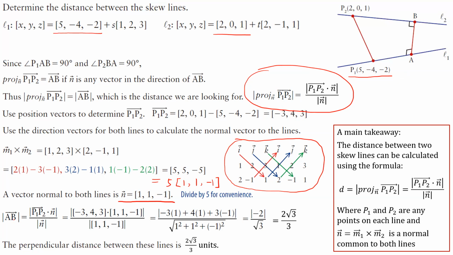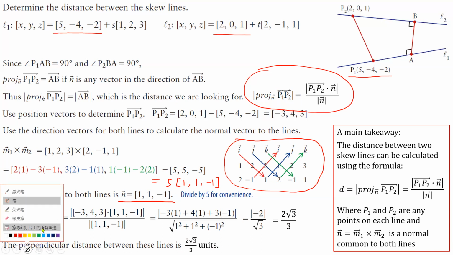Then we can find the magnitude of AB, which equals the dot product of P1P2 with n over the magnitude of n. You can put all the coordinates in. The final result is 2 square root of 3 over 3. Therefore, the perpendicular distance between these two lines is 2 square root of 3 over 3 units.